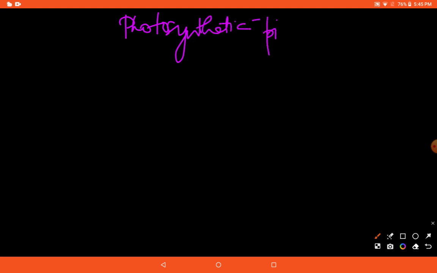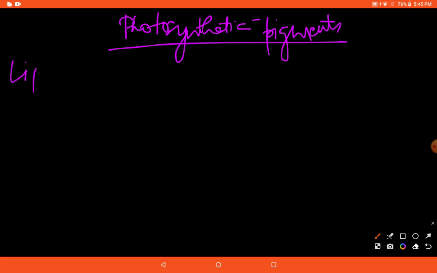Photosynthetic pigments. Alright, so when I talk about it, I've got two types of photosynthetic pigments. One is your fat or lipid soluble, another is your water soluble.